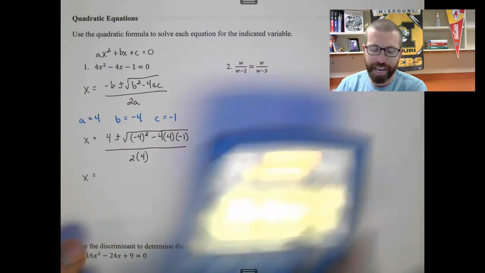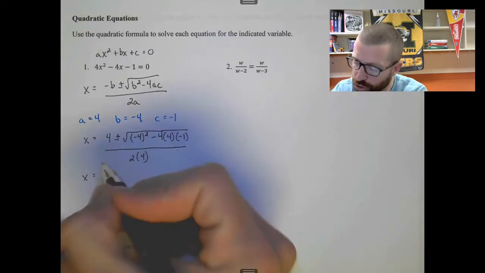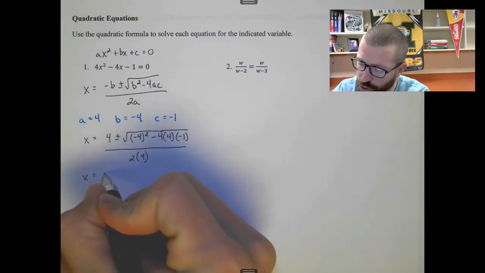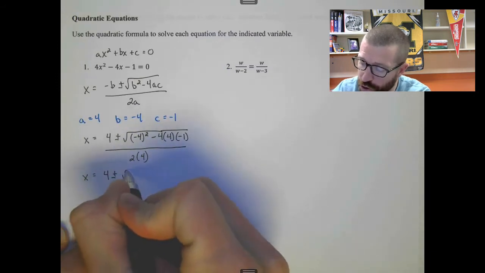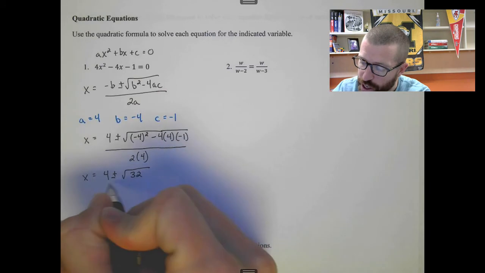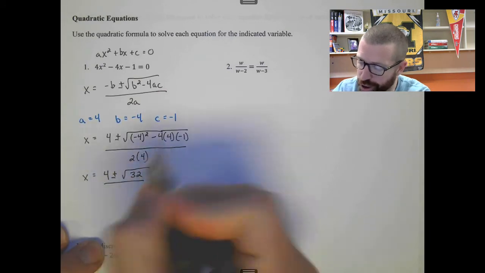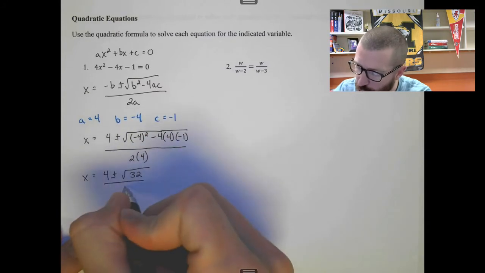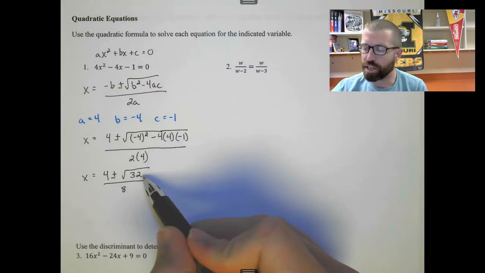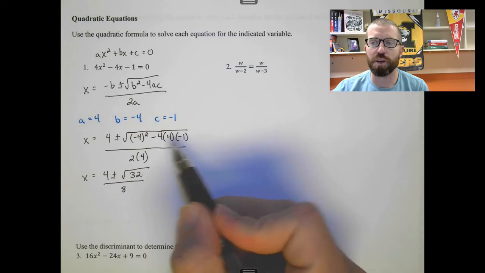Because when I am helping students solve using the quadratic formula, and say they know what they're doing, but they just make a mistake, it is, I don't know, I'm making up a number, so we'll say 96% of the time. But it's almost all the time that it's right here. These negative signs mess you up.